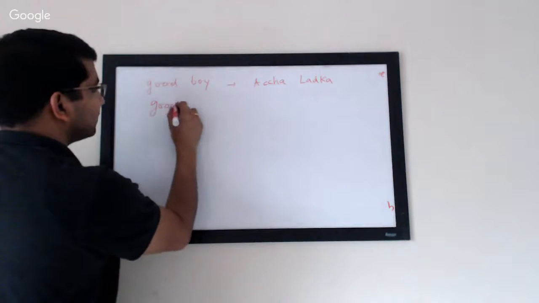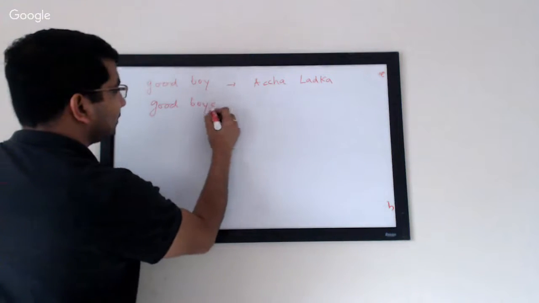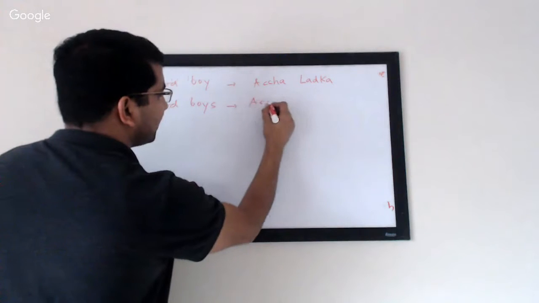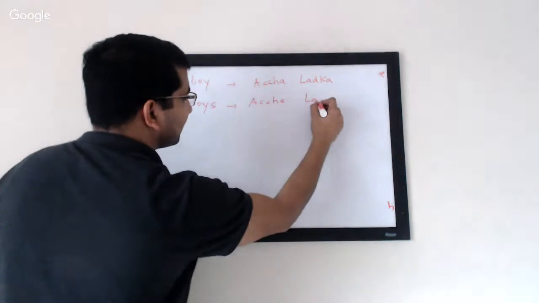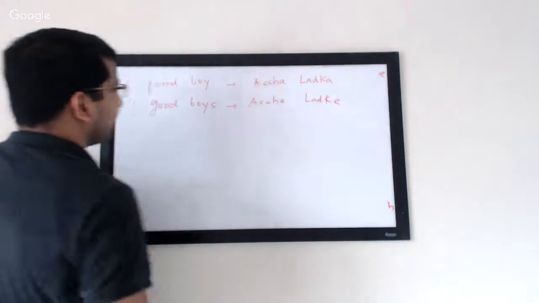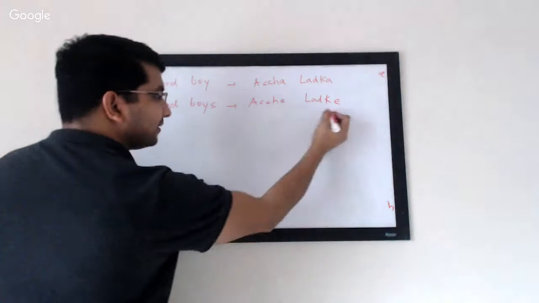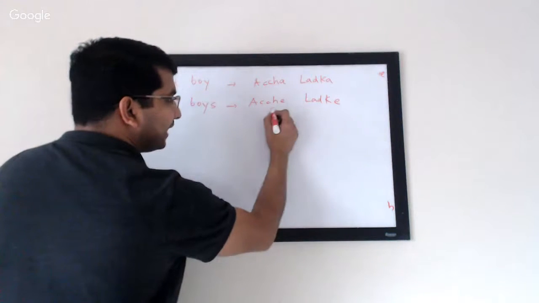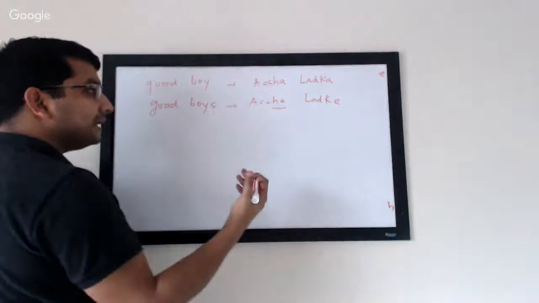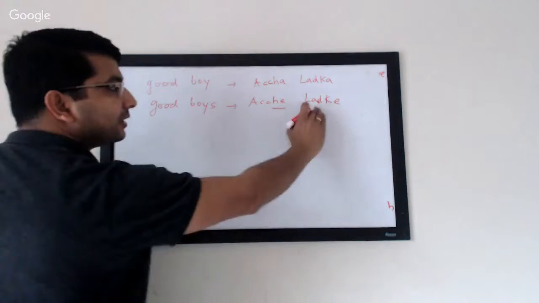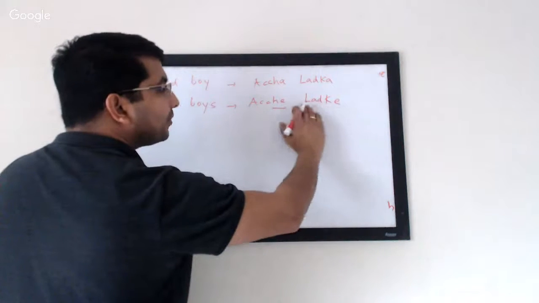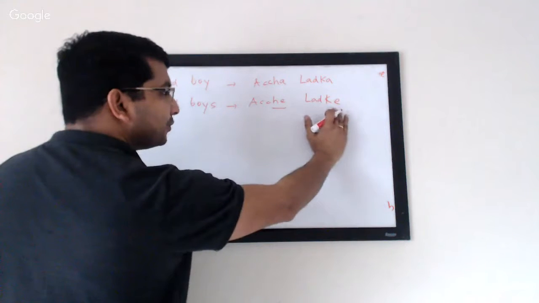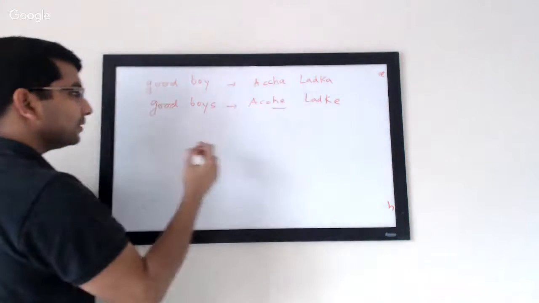Good boys, अच्छे लड़के. We write अच्छे लड़के. This should be clear because that's a plural. We write अच्छे लड़के because in Hindi the adjective also changes based on the number of the noun. So लड़के is in plural. That's why अच्छे is also in plural, right?